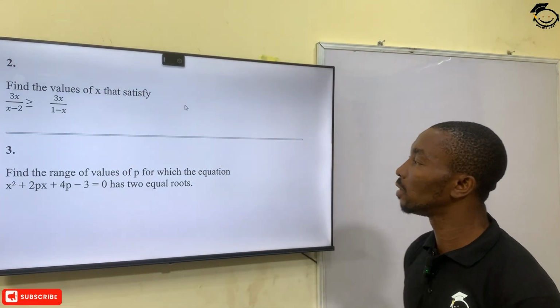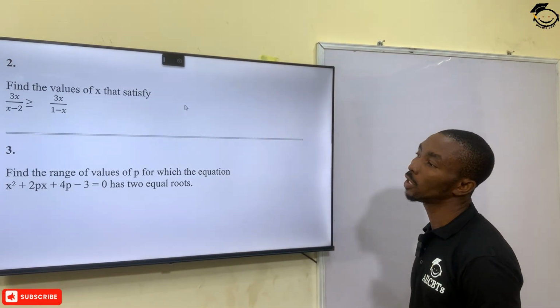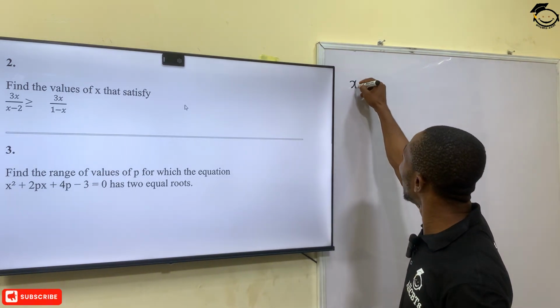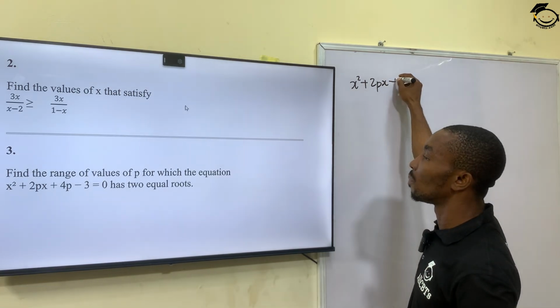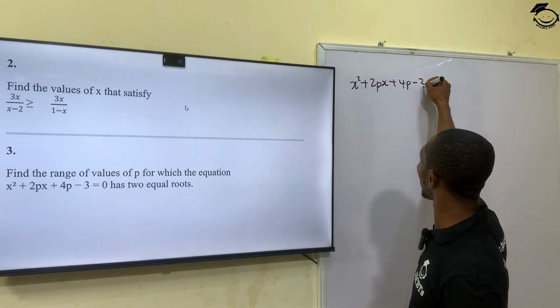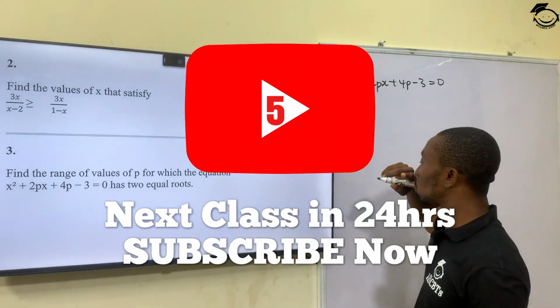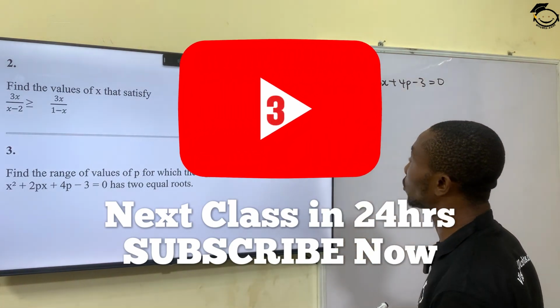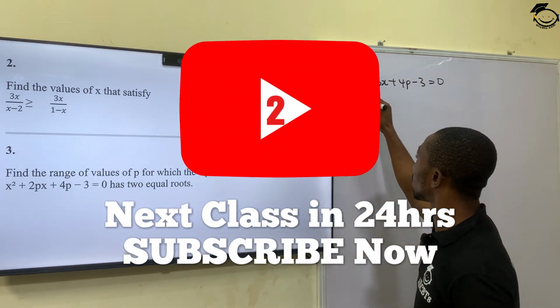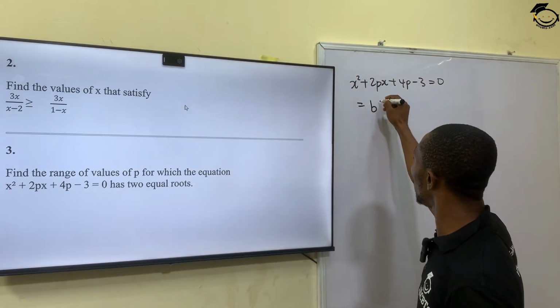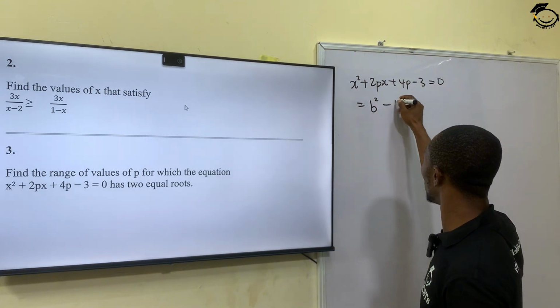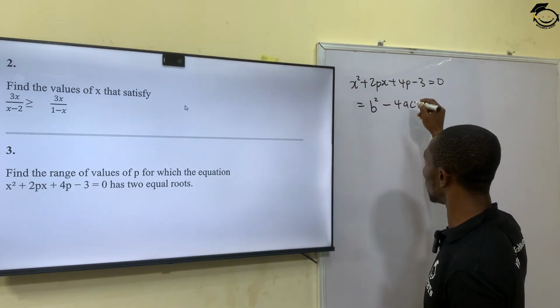Find the range of values of p for which the equation x squared plus 2px plus 4p minus 3 equals 0 has 2 equal roots. Now, in order to do this, we are asked to find the discriminant, and the discriminant of this equation is given by b squared minus 4ac.